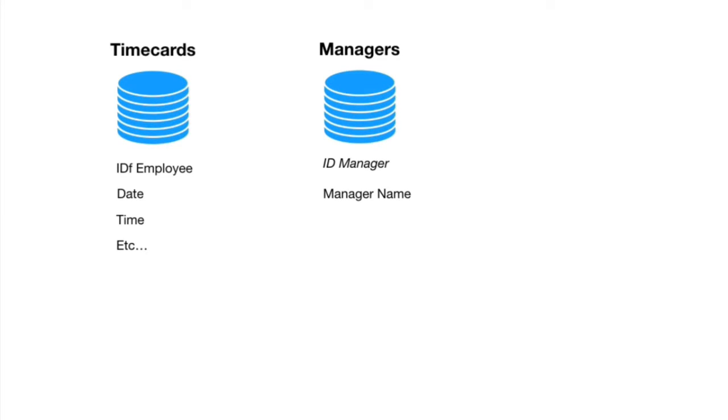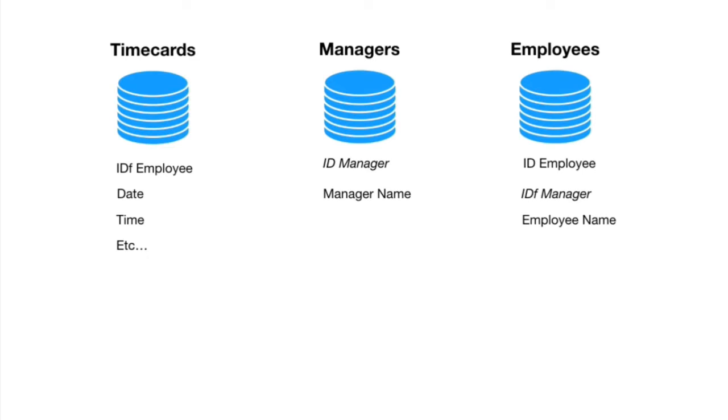Then I have a table where I have all my managers. The manager table does not have much. It has the ID of the manager and the manager name. Then I have an employee table where I have the ID of the employee, and each employee has a manager.